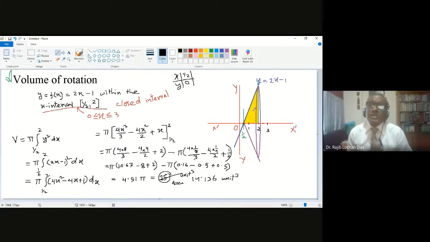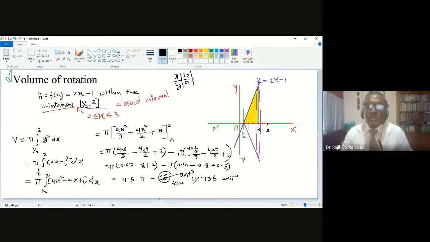That same shape, if you rotate the shape taking x-axis as the center, a three-dimensional shape will be created. That three-dimensional figure will have this volume.